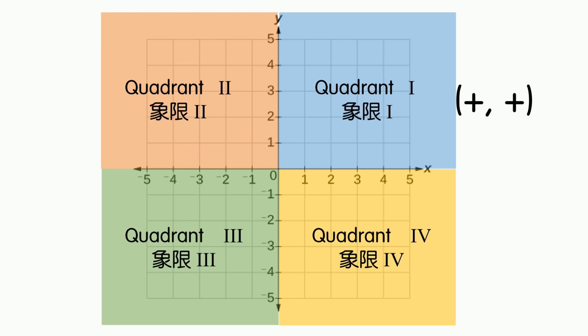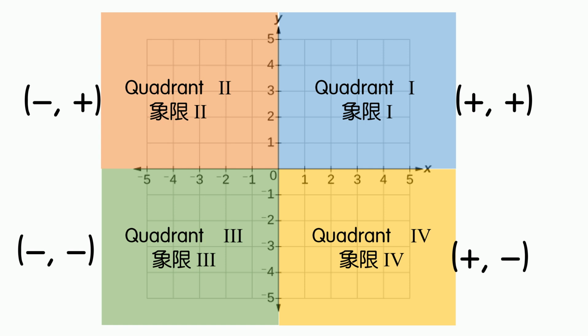And how about Quadrant 2? If we look at the x-axis, it involves some negative numbers, but for the y-axis, it is positive. That's why I will mark it like this. And for the rest, if you look back to the x-axis and y-axis, you will know the positive and negative sides of the coordinates.